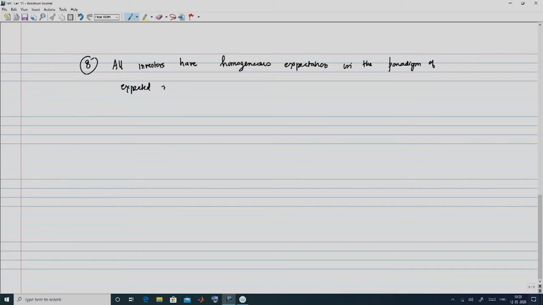That means they calculate the expected return, variance and covariance in an identical manner over a single period investment window.